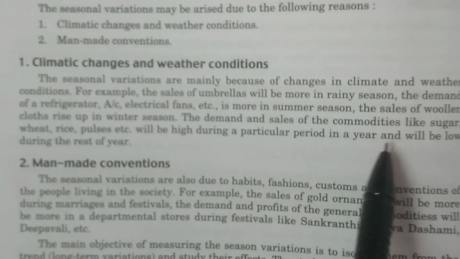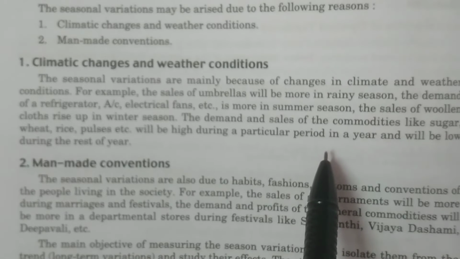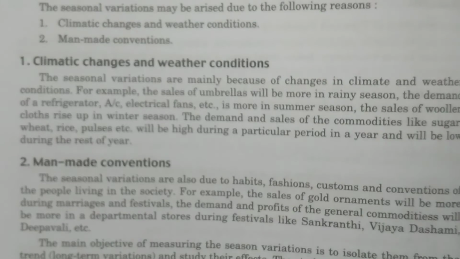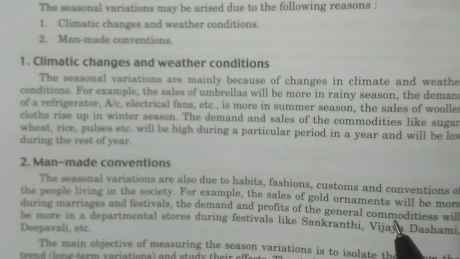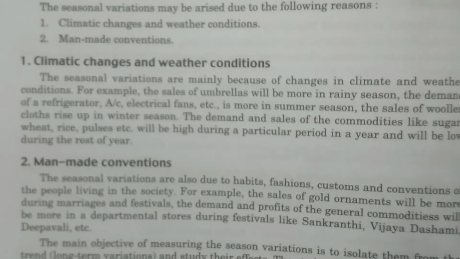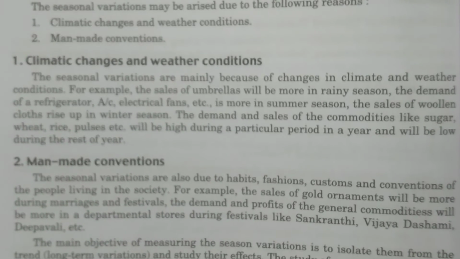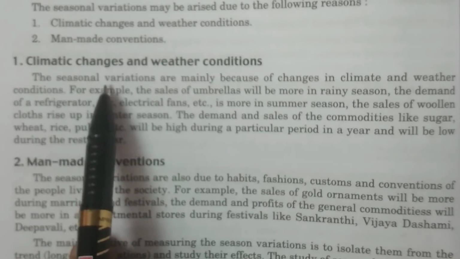The demand and sales of commodities like sugar, wheat, rice, pulses, etc. will be high during a particular period in a year, and low in the rest of the year. As I discussed, in a month, every first week will have more demand and sales for these commodities, groceries, and after that it usually decreases. So you can easily identify these as identifications of seasonal variations due to climatic changes and weather conditions.